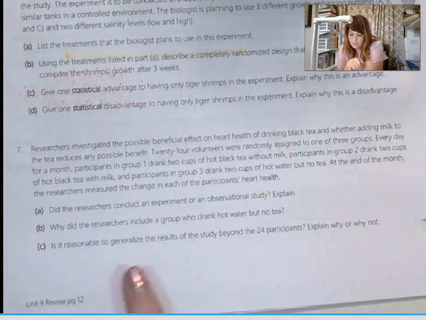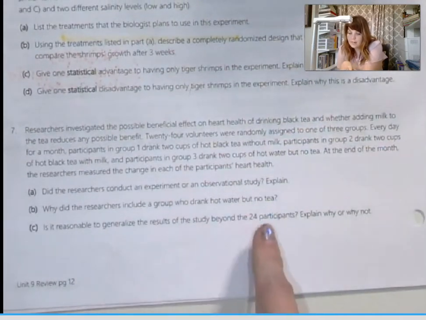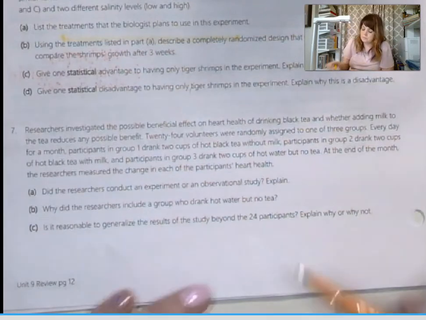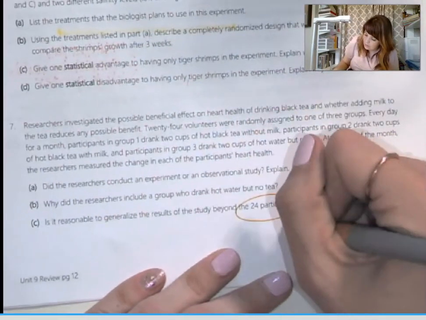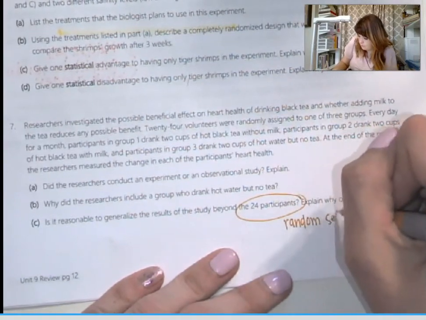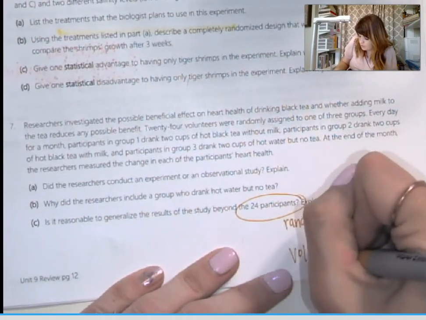So the question here is, were they randomly selected or did they volunteer?